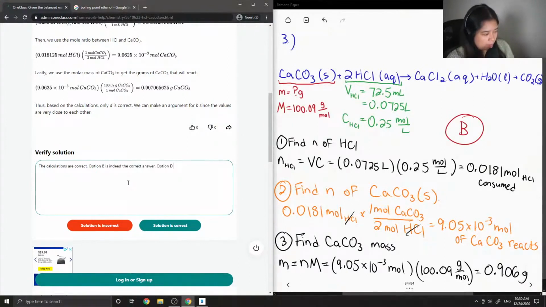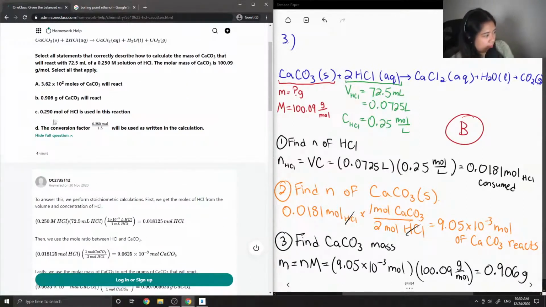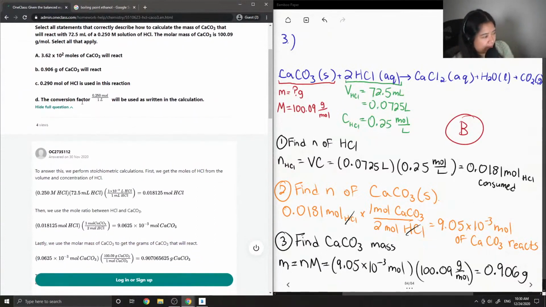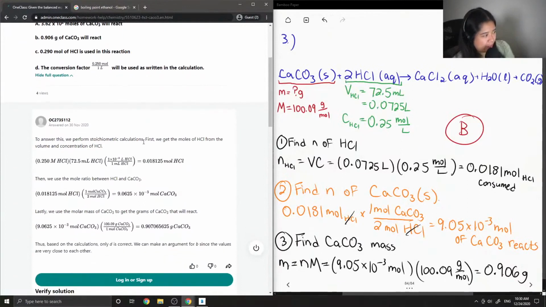Option D is incorrect. It was worded kind of weird, how they said the conversion factor will be used as written in the calculation.